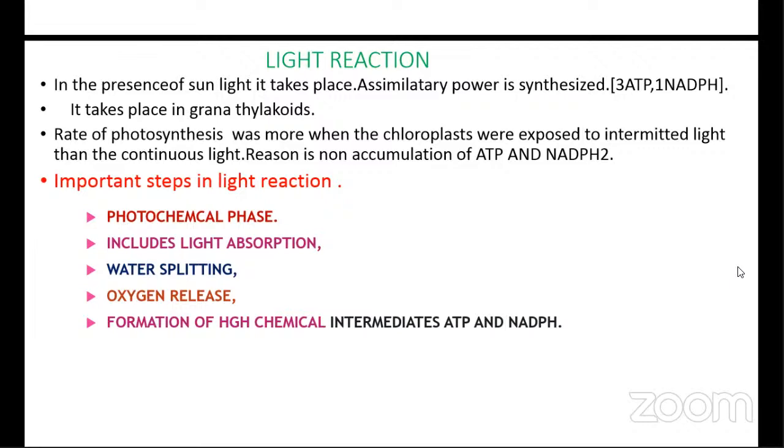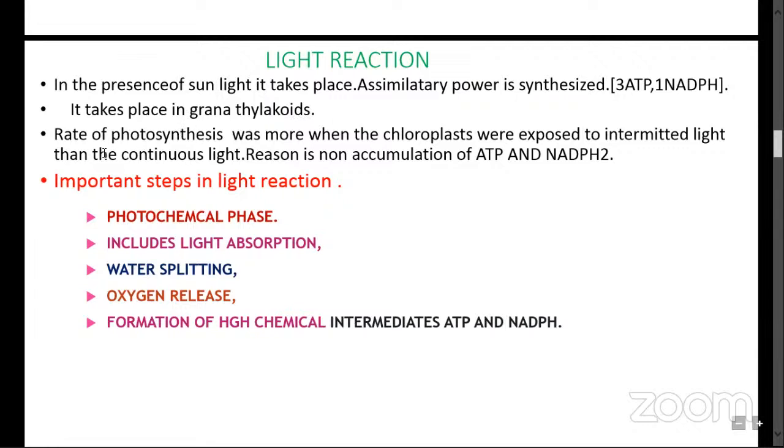In the presence of sunlight, it takes place, and assimilatory power is synthesized during this light phase. And what is assimilatory power? 3 ATP plus 1 NADPH together are called assimilatory power. And this light phase takes place in the grana portion or grana thylakoids of the chloroplast.